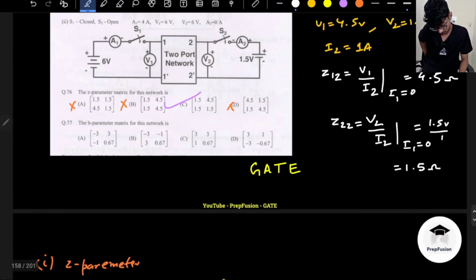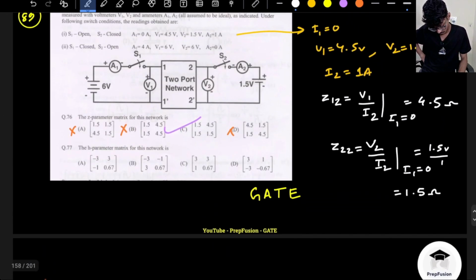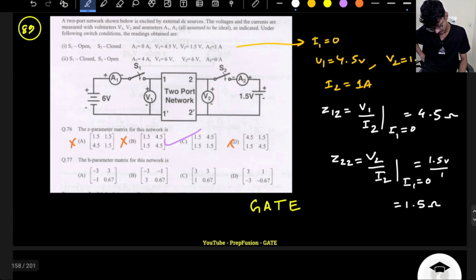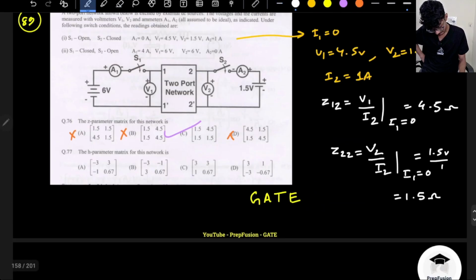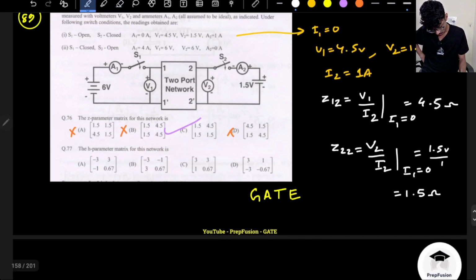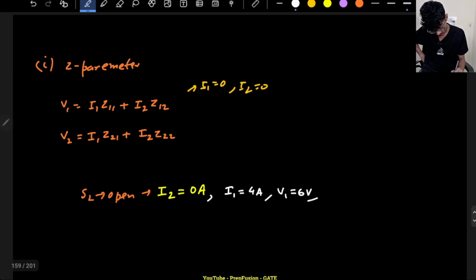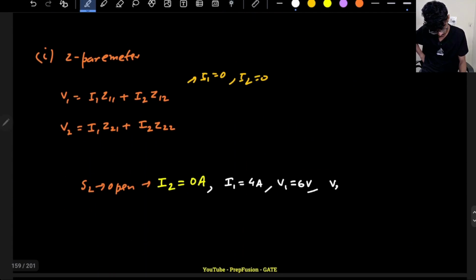So what are the values? My current through the ammeter A1 is 4 amperes, so I1 is 4 amperes and V1 is 6 volts, and I2 is 0 ampere. So I2 is 0 and I1 is 4, and what is V2? Sorry, V2 is 6 volts, V1 is also 6 volts.